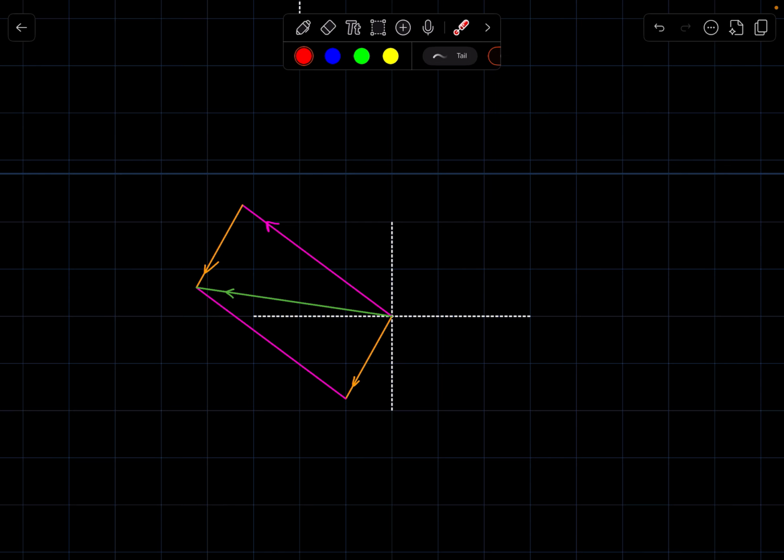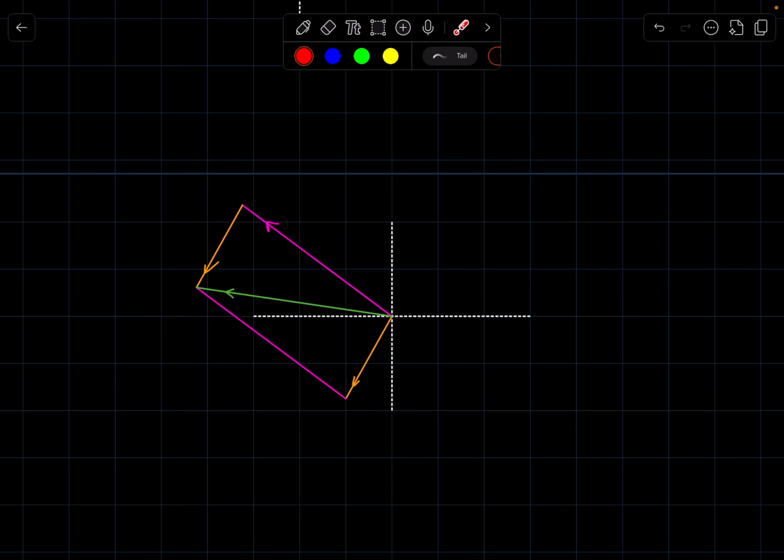So the parallelogram of forces, or vectors, is a graphical method that we can use when two vectors are acting on a body, or for this case when two forces are acting on a body. We use the parallelogram method to have an idea of where the resultant force is going to be acting.